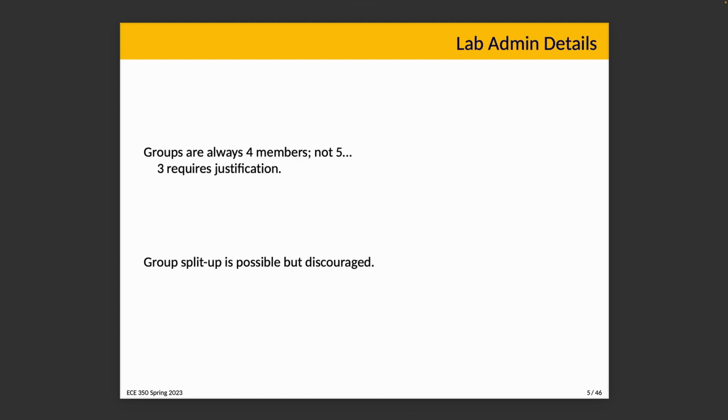So groups are always 4 members, not 5, always 4. And if you want to go down to 3 group members, this requires some justification and needs to be approved by our lab instructor. You also have to understand that the difficulty requirements of the lab don't change, but the difficulty of doing it with fewer people may increase. And groups can be split up if you're really not getting along or somebody's not pulling their weight, but this is discouraged.